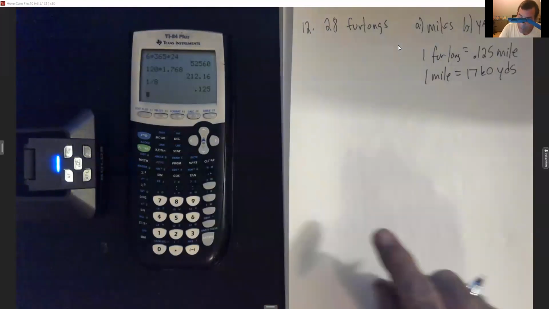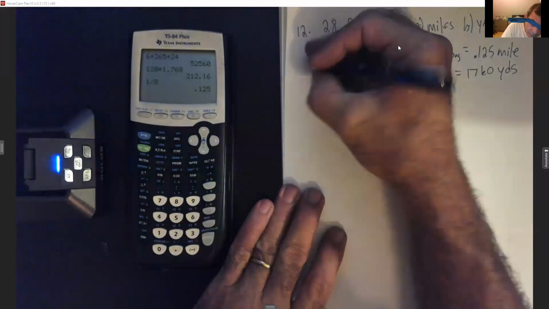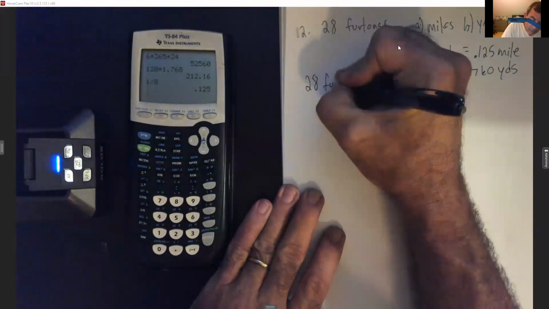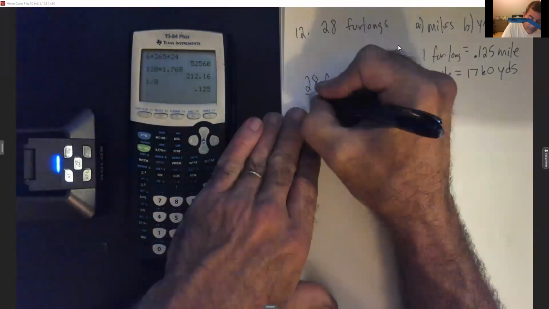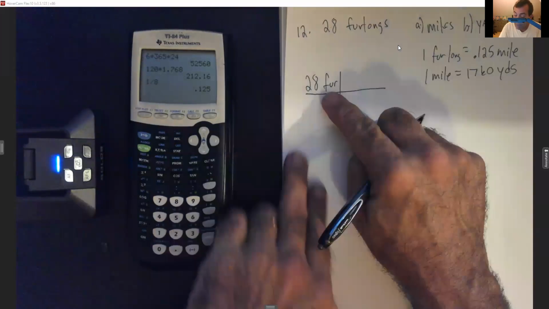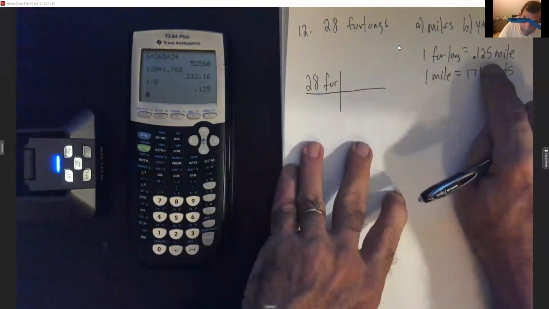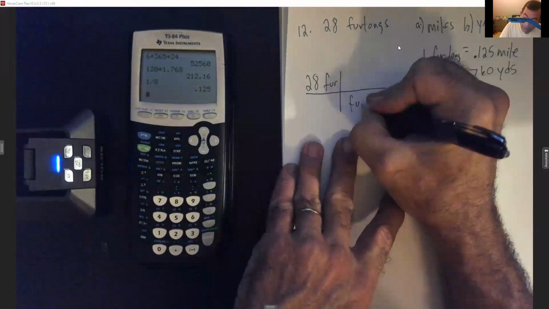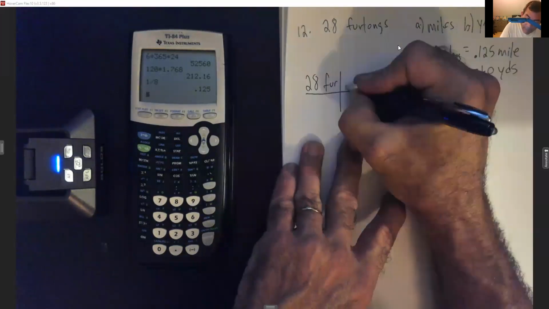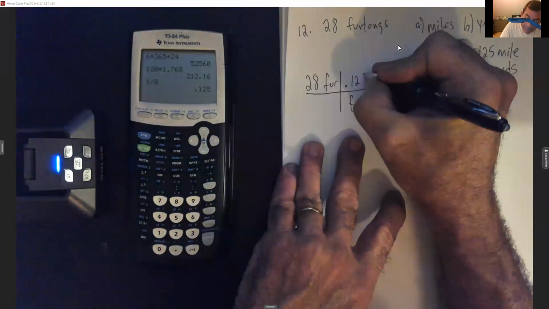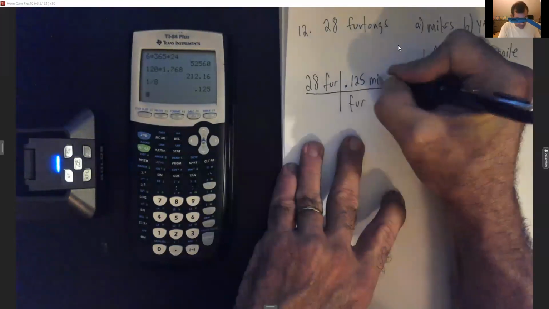Miles and yards. So for A, I'm going to take my 28 furlongs. So we're just going to shorthand that fur. And over here it said 1 furlong. So for every furlong, it is 0.125 of a mile, right?